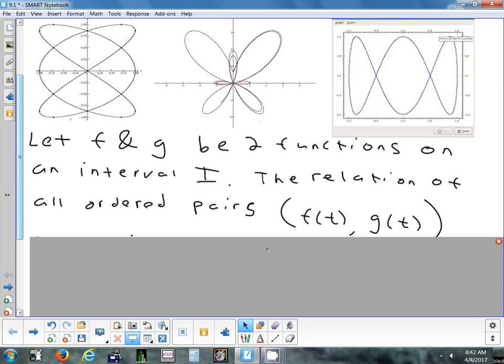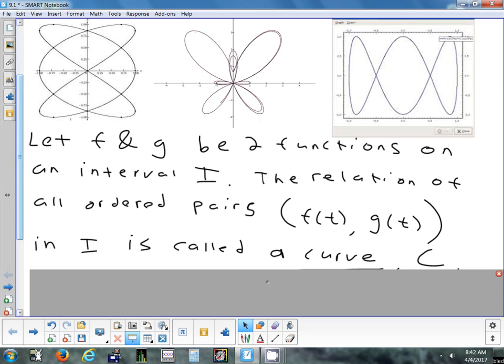So the idea is that you take all the numbers 0 through 1, or if you're doing something practical, as many as you need to make a picture on paper. You take all the different coordinates that could be generated using the two formulas. You get a picture, and that's called a curve. Parametric pictures, we call them curves. We can't usually call them a function because they're not always functions.